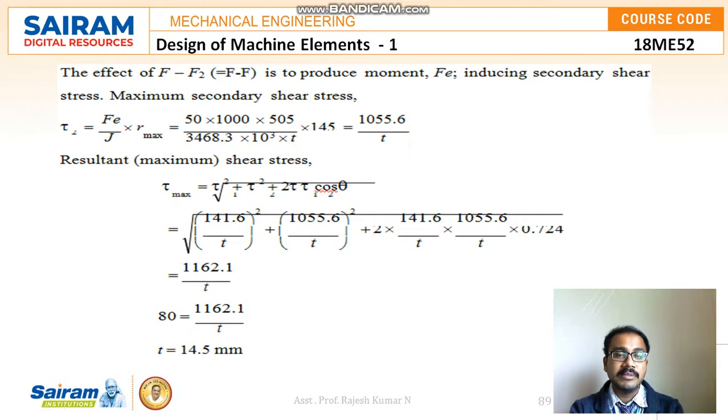The resultant maximum shear stress formula is tau max equal to square root of tau 1 square plus tau 2 square plus 2 tau 1 tau 2 cos theta. There is a printing mistake in the book, so I am reading out the correct one. I know the values of tau 1 and tau 2.